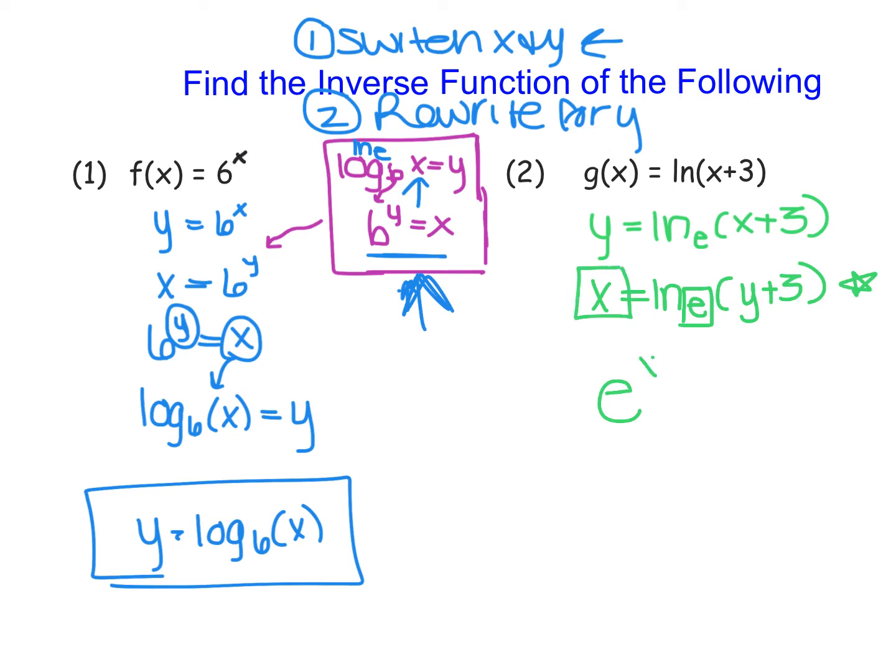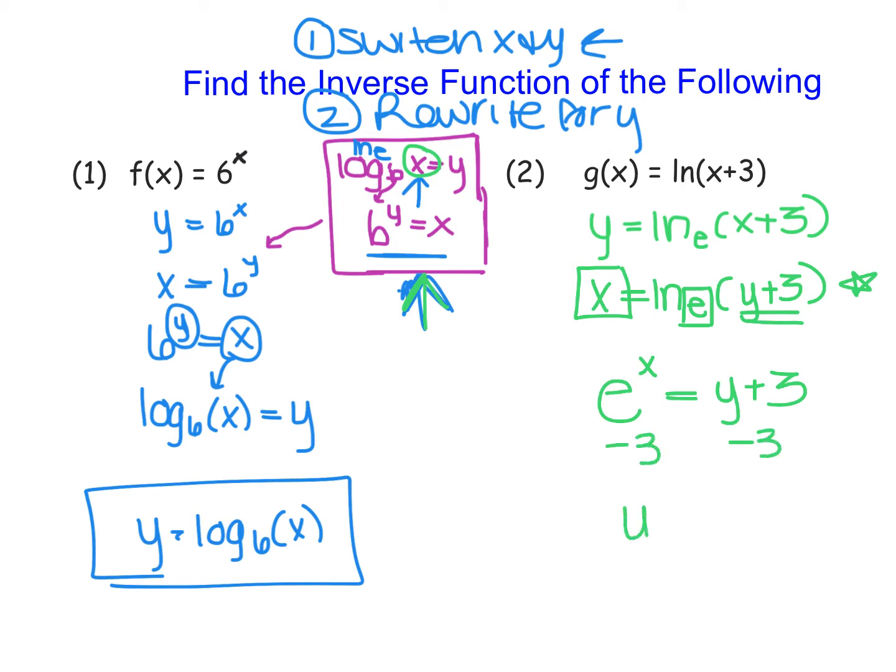So e to the power of x is equal to what's inside of the logarithm, which is y plus 3. This looks a lot easier to solve once we use this property that allows us to rewrite exponentials into logs and logs into exponentials. Now from here, the last thing we need to do to get y by itself is subtract 3 from both sides.